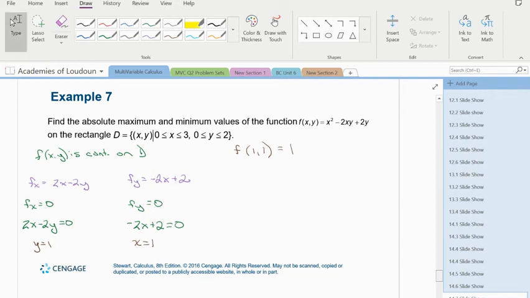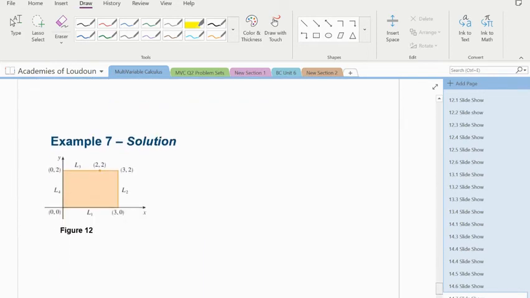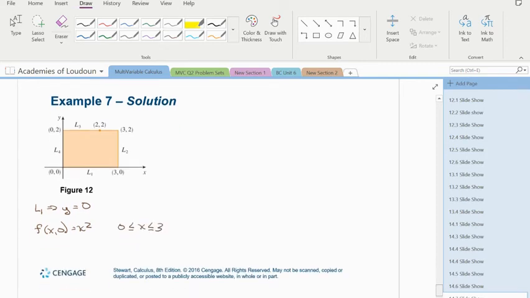So step 2, we need to look at the values of f on the boundary of D, which consists of the 4 line segments as shown in figure 12. On L1, we have y equals 0, so our function is just x squared, where x ranges from 0 to 3.